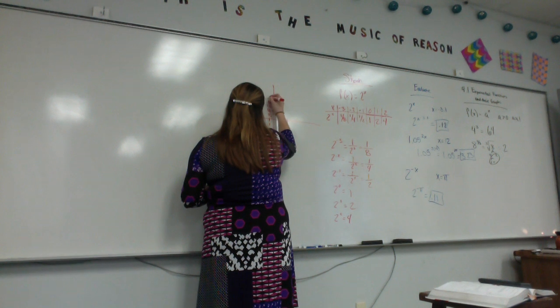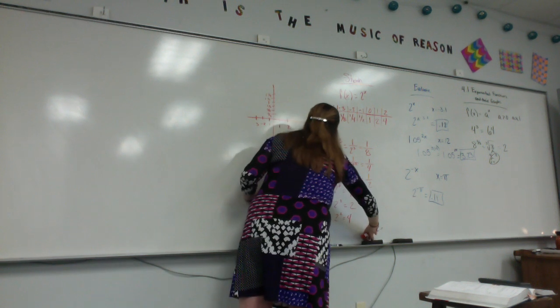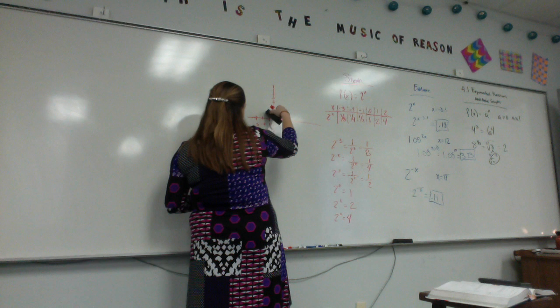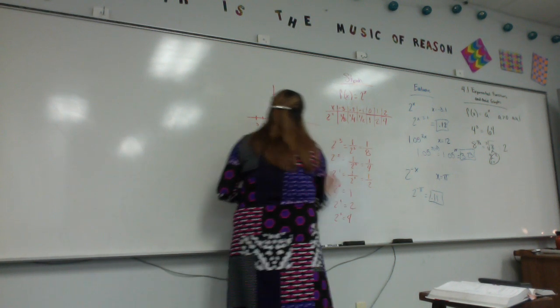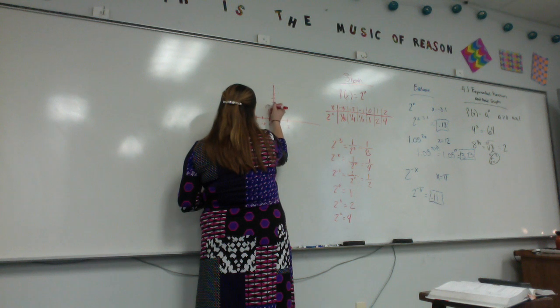You can do it however you want, all the way up to 4. Or you can count by ones, or halves. I don't care. You just need to label it for me. I'm going to go by half.